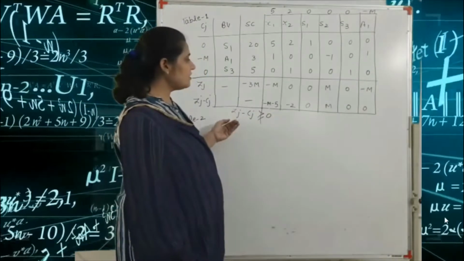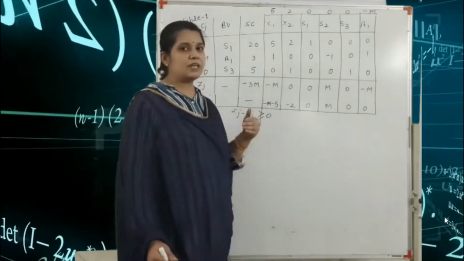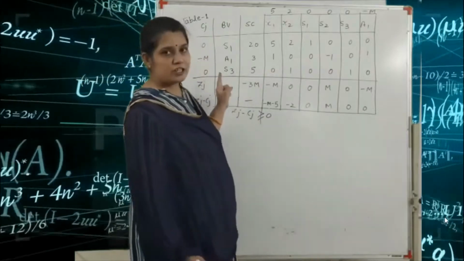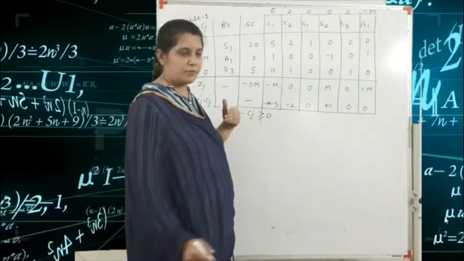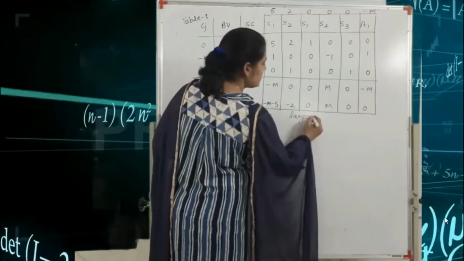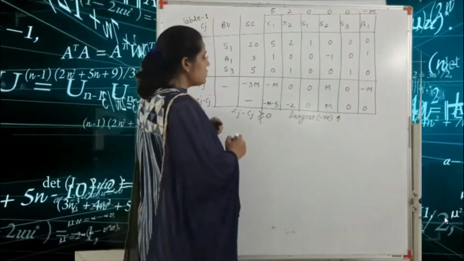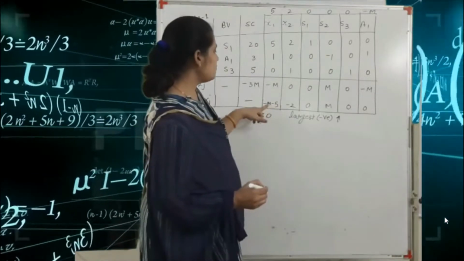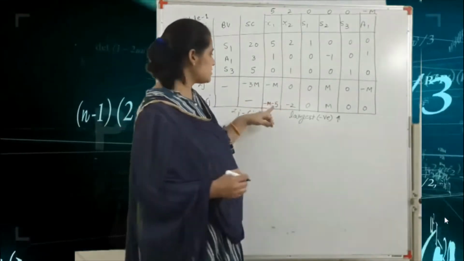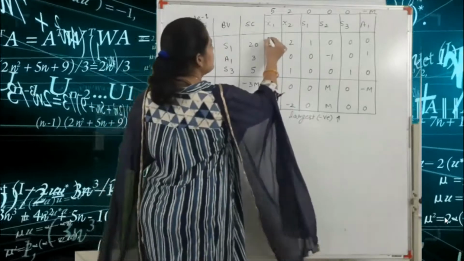So for finding the next table, table 2, we have one entering variable and one leaving variable. Because this question is in the maximization format, the largest value with a negative sign always enters. M is a very large quantity, so this is the largest value, and this variable enters.